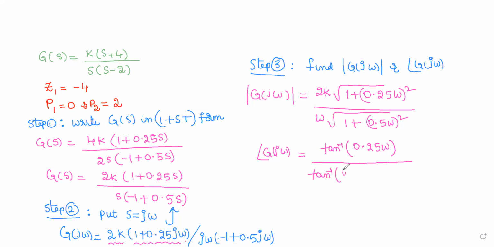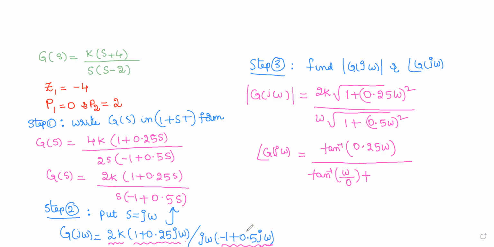Tan inverse imaginary by real portion is how much? 0, means tan inverse infinite, plus for the next complex term, observe this one. This is complex number lies in second quadrant, means real part sign is negative and imaginary part sign is positive.